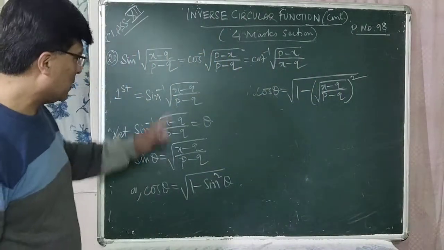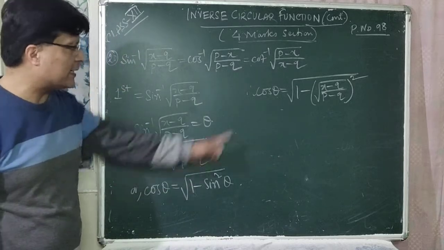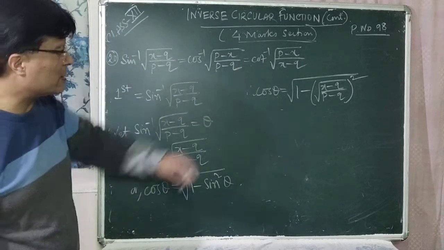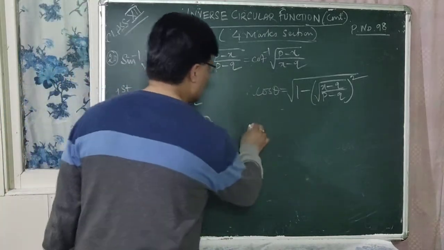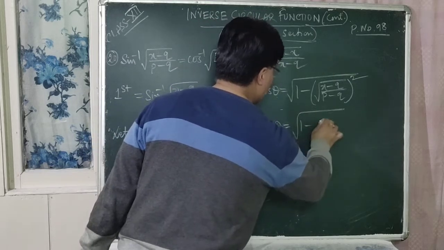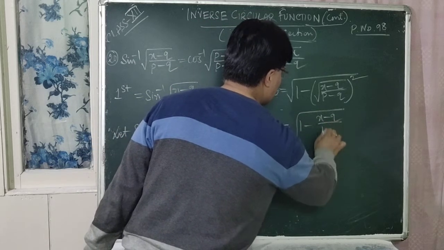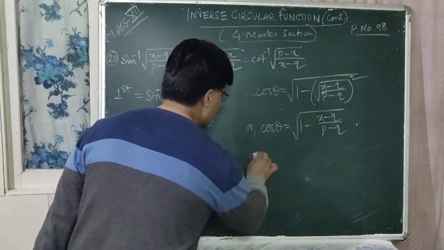Now let's simplify it. What is square root whole square? Square root will be removed. That is, cos theta is equal to root over 1 minus x minus q upon p minus q. Right? Let us simplify it.